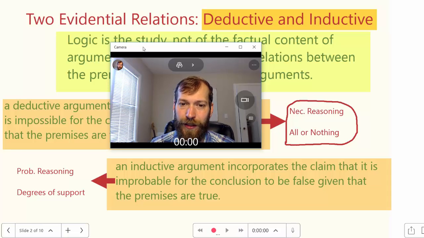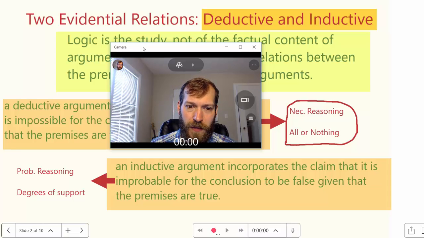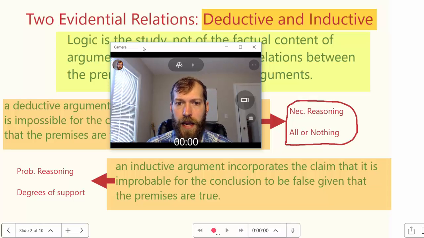So, we didn't exclude any information that if we knew it might change our judgment about whether the conclusion is probable or improbable. So you'll notice that there's this sort of similarity in that we're still worried about truth preservation in deductive arguments and inductive arguments. The truth preservation that happens in deductive arguments is all or nothing.